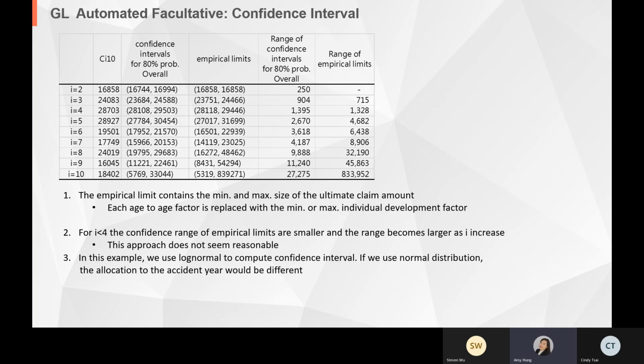For I smaller than 4, the confidence range of empirical limits is smaller, and the range becomes larger as I increases. And this approach does not seem reasonable. Also, in this example, we use log normal to compute the confidence interval. If we use normal distribution, the allocation to the accident years would be different.